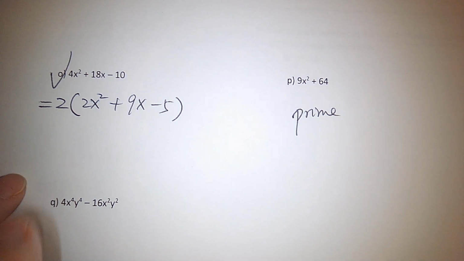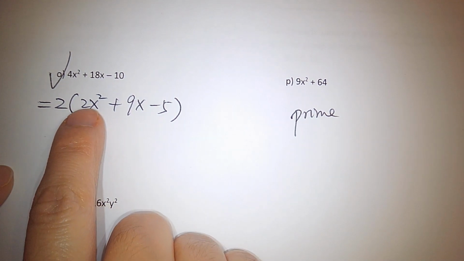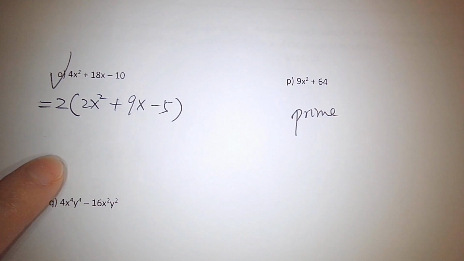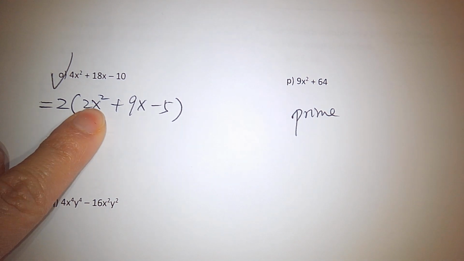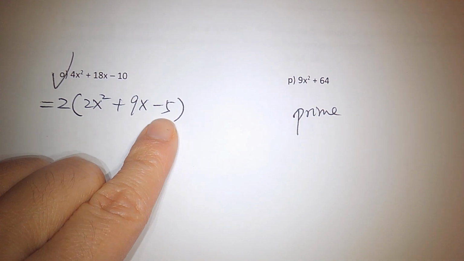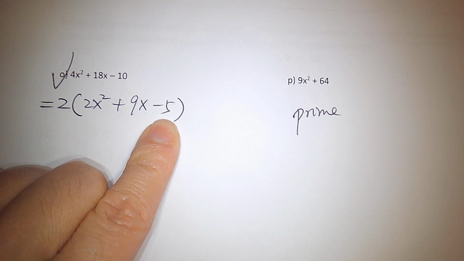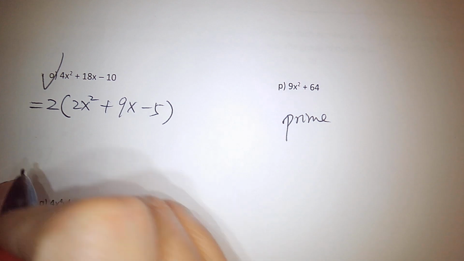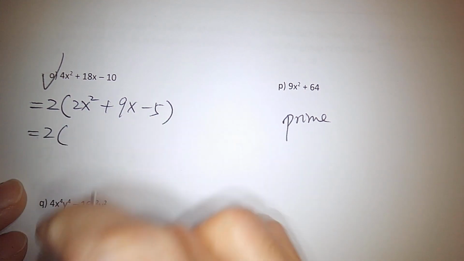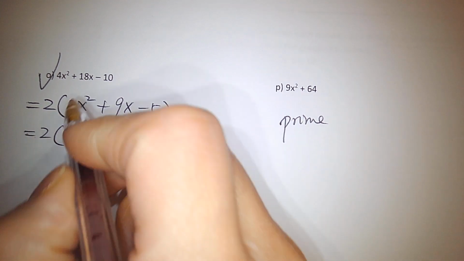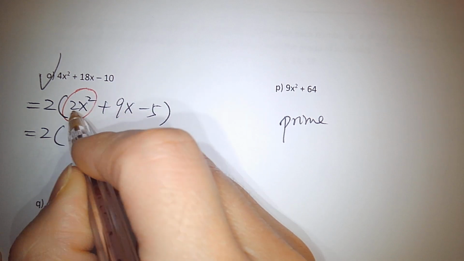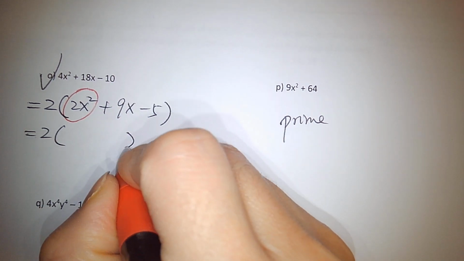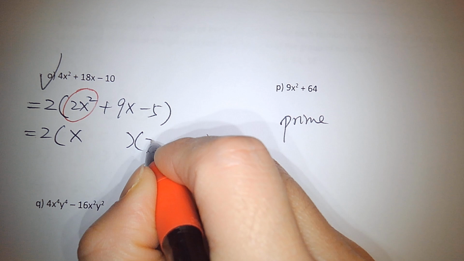Okay, yeah, good. So you factor out the GCF, and then for this trinomial, we're not able to use the formula, right? Because 2x squared is not a perfect square, and negative 5 is not a perfect square. So are we able to use the Fourier method? Let's give it a try. How to use the Fourier method? Factor out the 2x squared as x times 2x.